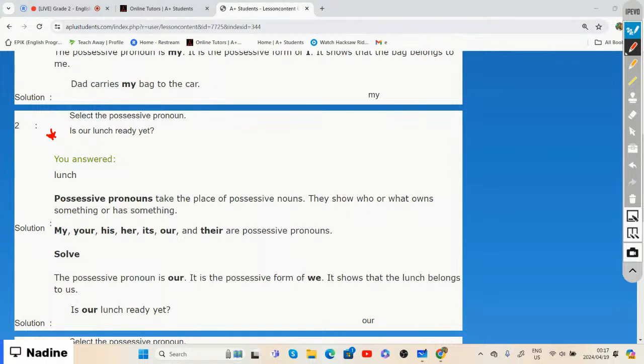This is not possessive nouns, this is possessive pronouns. We have possessive nouns and we have possessive pronouns.